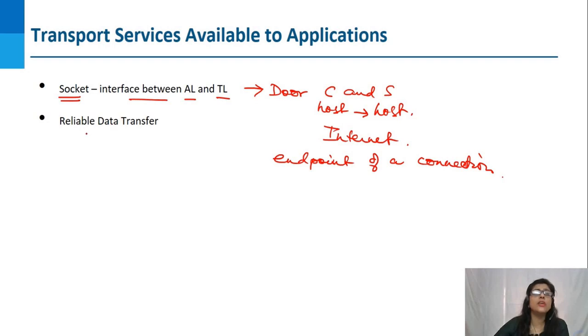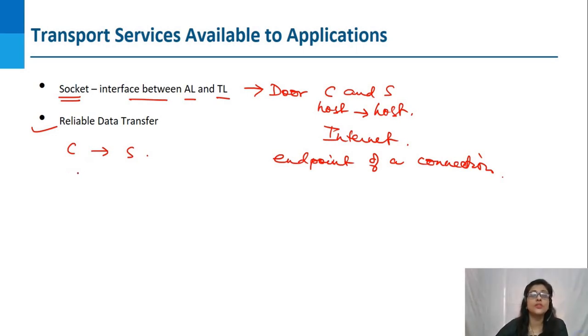Now, another very important service available to applications is reliable data transfer. Whenever data is transferred between the client and the server, the reliability is of utmost importance.